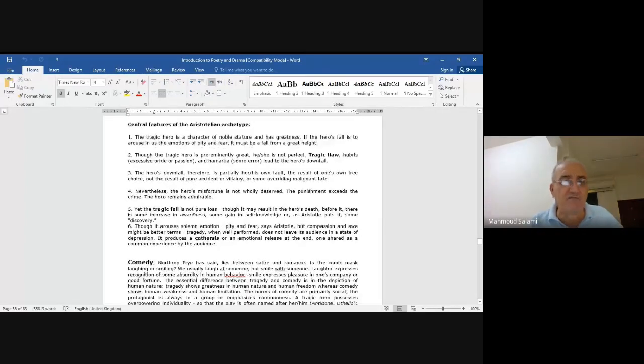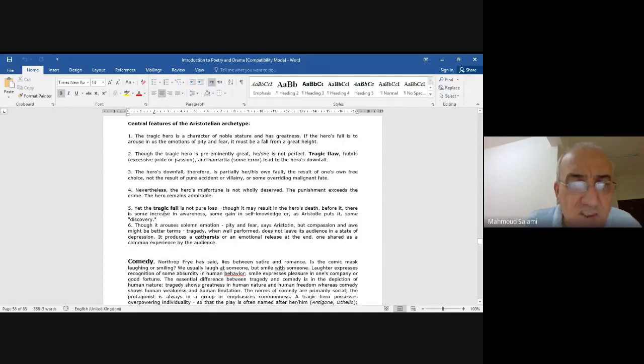Number 5, the penultimate: the tragic flaw or fault is not pure loss, though it may result in the hero's death. Before that, there is some increase in awareness, some gain in self-knowledge, or as Aristotle puts it, some discovery. When Oedipus plucked out his eyes, he discovered something.